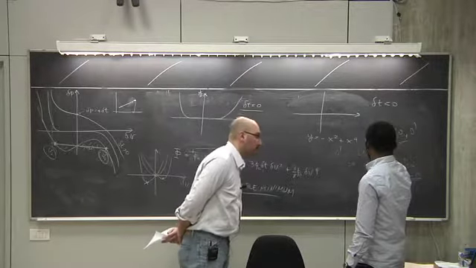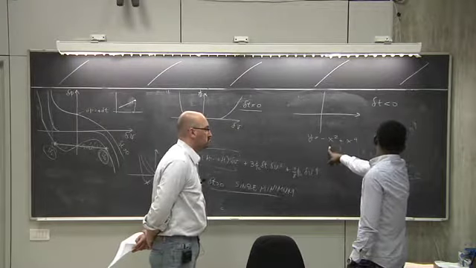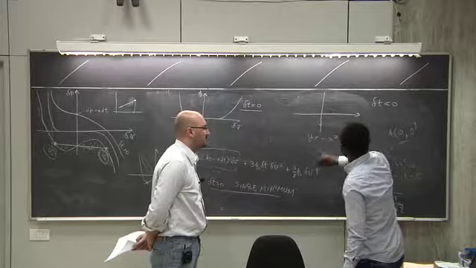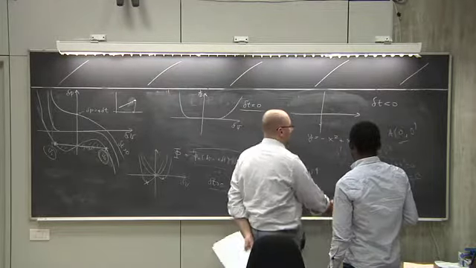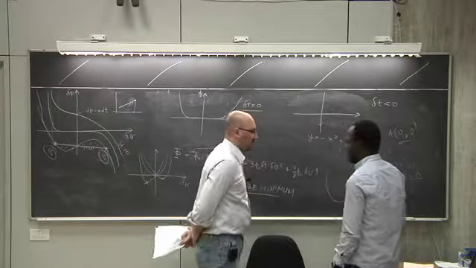This will be negative. But I don't want the precise numbers. I just want a sketch of the function. How does it look? Does it look like a circle? Does it look like an ellipse? It will not look like this. It will be something like that.